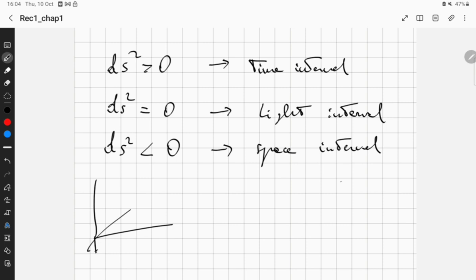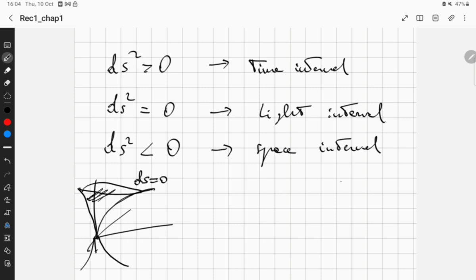So when we look at the four-dimensional space-time, the photons move on geodesics that are described by the curves ds equals 0.